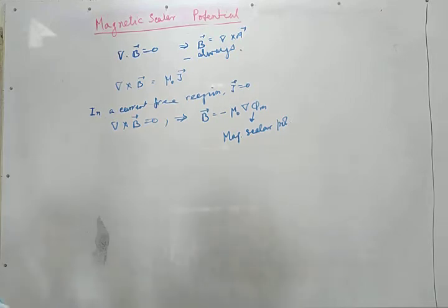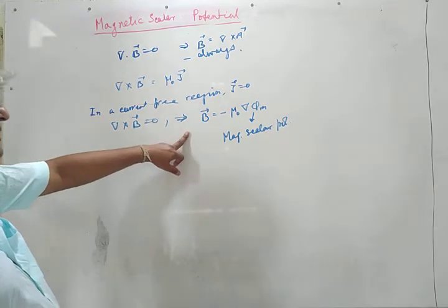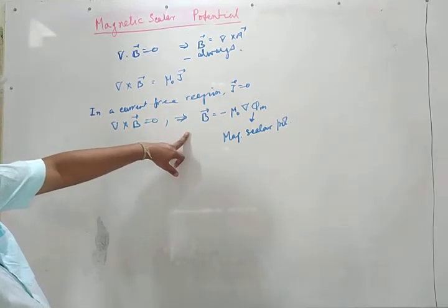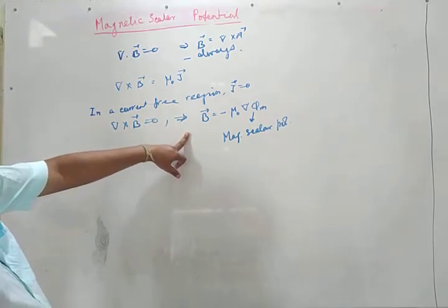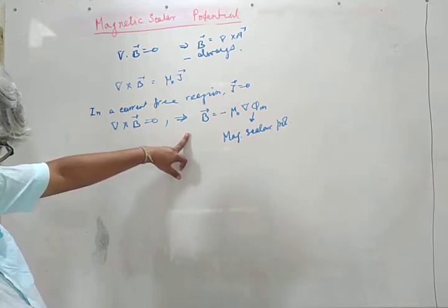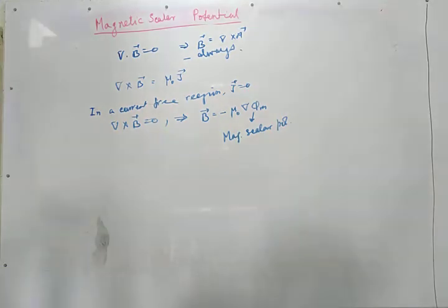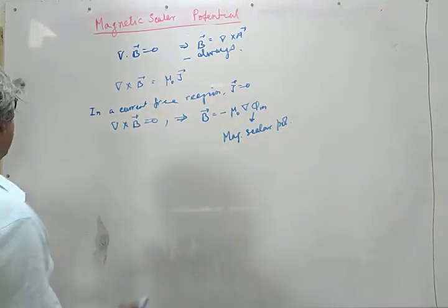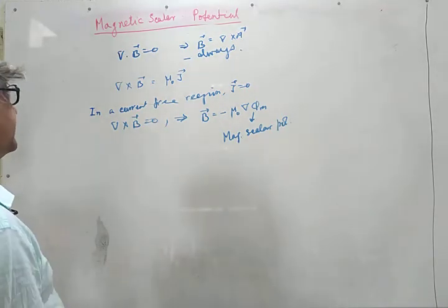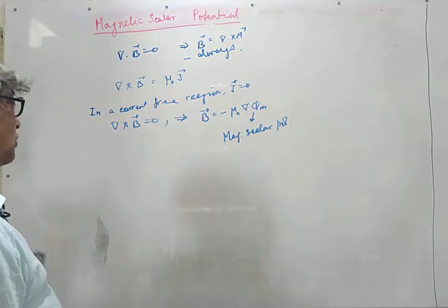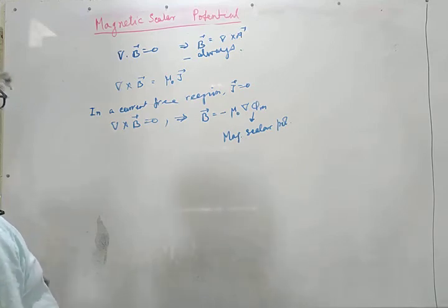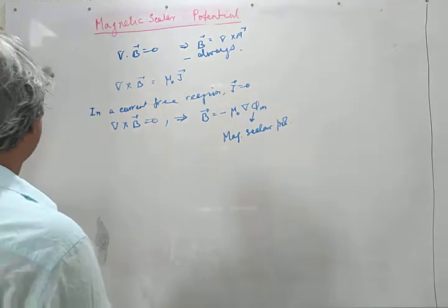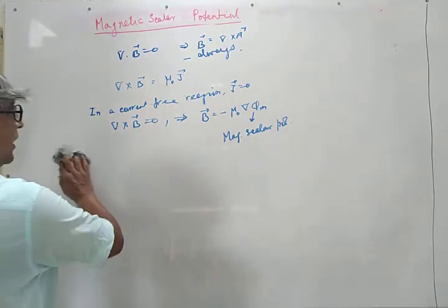Remember that this magnetic scalar potential is valid only when the region under consideration is free from current. On the other hand, vector potential can be applied everywhere, whether the point under consideration is occupied by current or not.